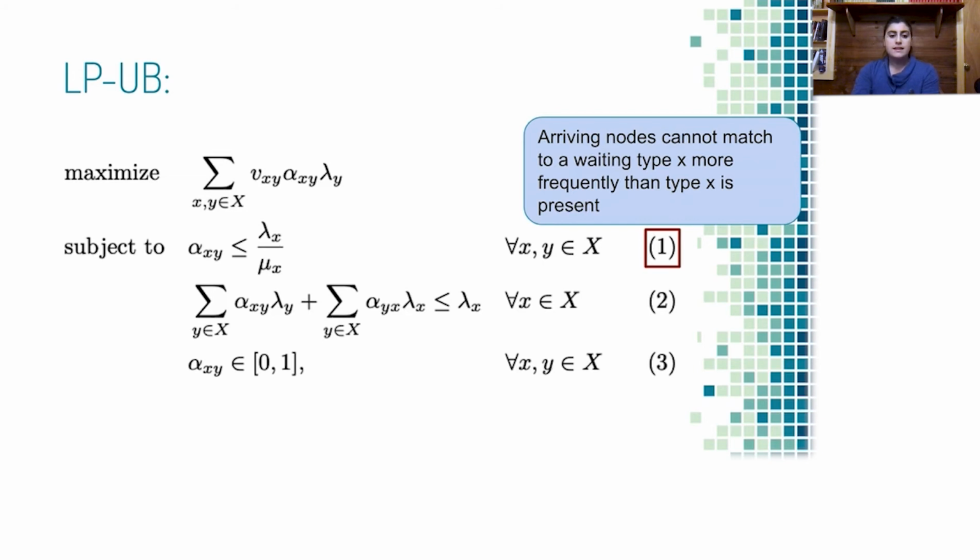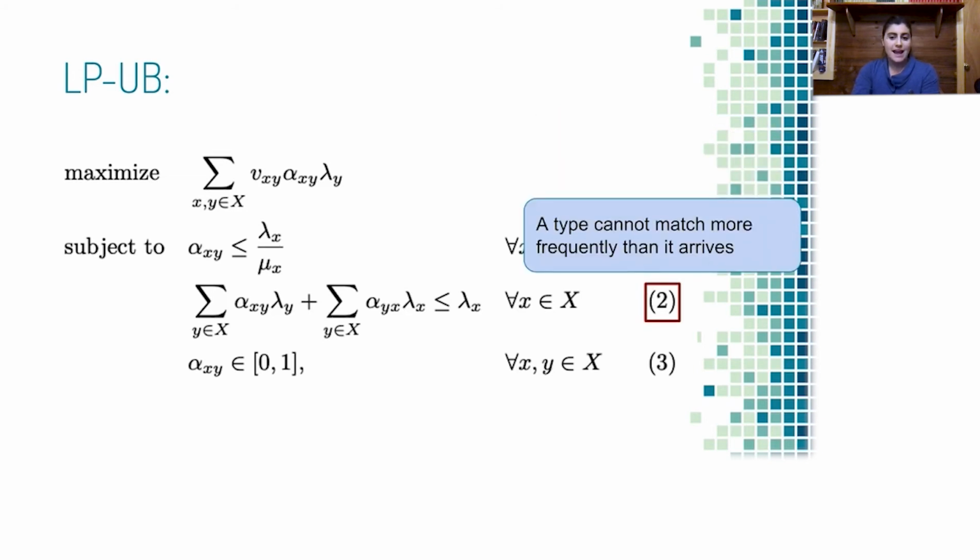So basically, a type can't match more frequently than it arrives, right? So on the left side here, we have two different summations, and one is saying, okay, this is the total frequency of X matching when it arrives first, and then the second one is the total frequency of matching X when it arrives second. And certainly the frequency of these matches together can't be greater than the frequency of the arrival of X. Finally, we just have that alpha XY, because it is representing a fraction, must be between 0 and 1.